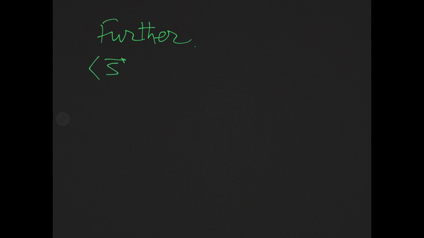You can write average value of Poynting vector S over average value of energy density U. And what will be the average value of this?